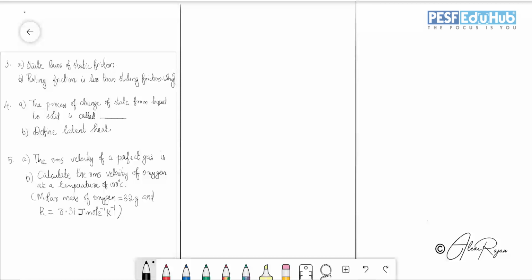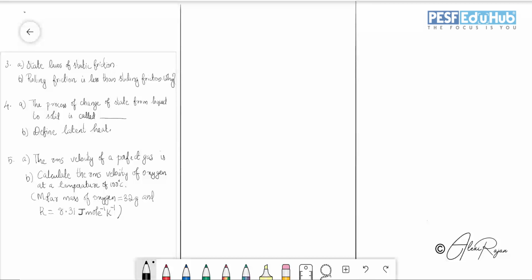If you are just sliding something over the table, then obviously there is a friction between both the surfaces. Like that, friction is of two types. First one is static friction and the next one is dynamic friction.